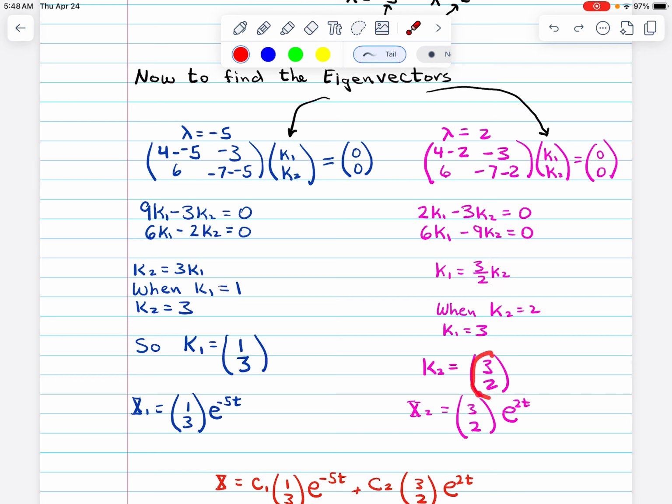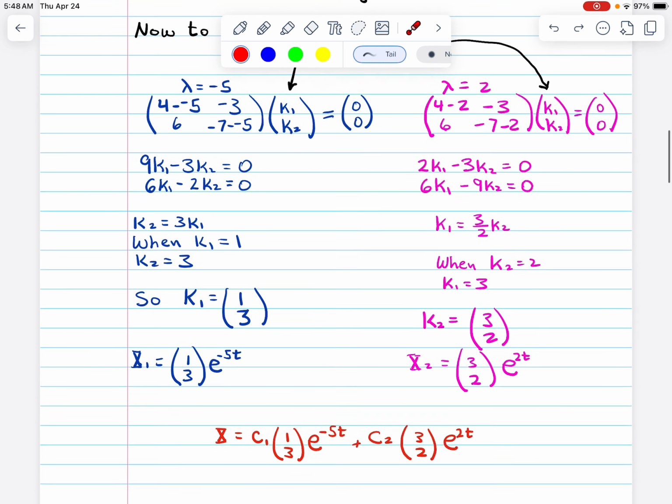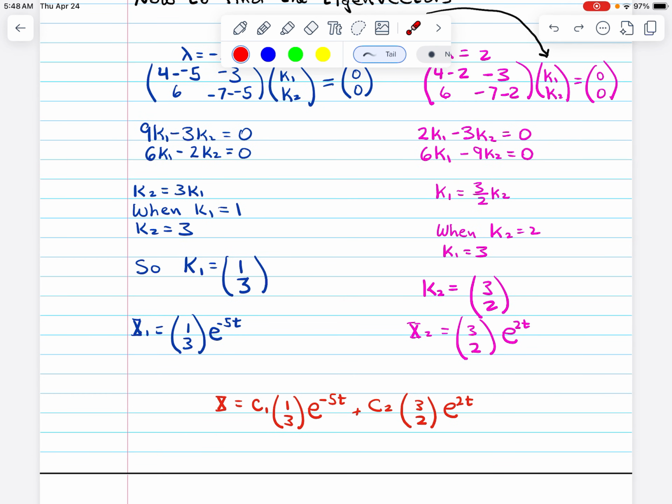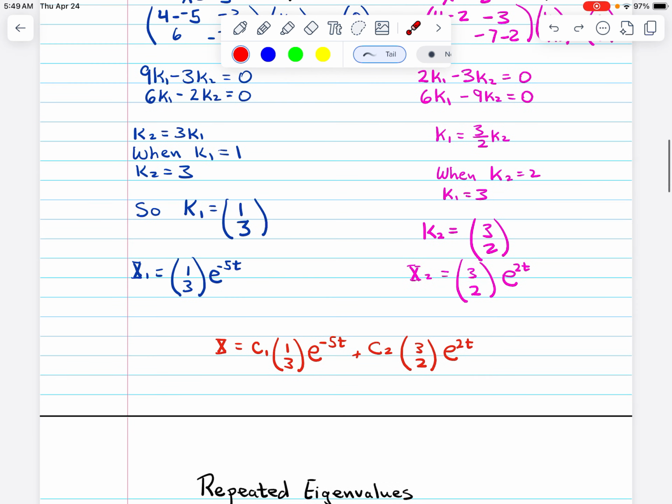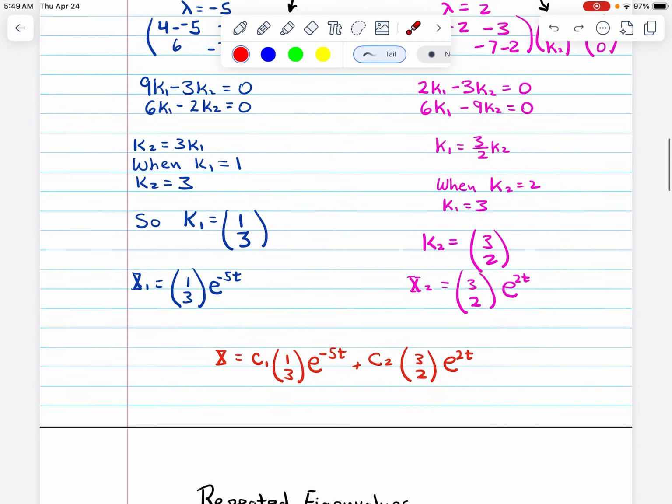So I get this eigenvector. Now, if I get that eigenvector, I have another solution right here. So now I've got two solutions. I've got x1, x2. Both of these are vectors. And I get my general solution this way. See? C1 x1 plus C2 x2. And there you have it.